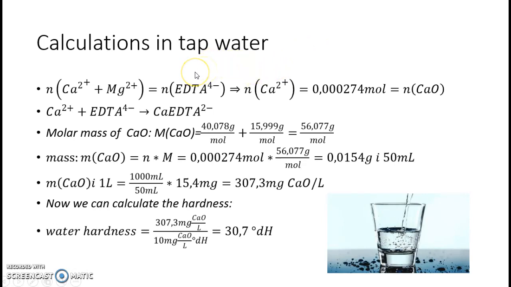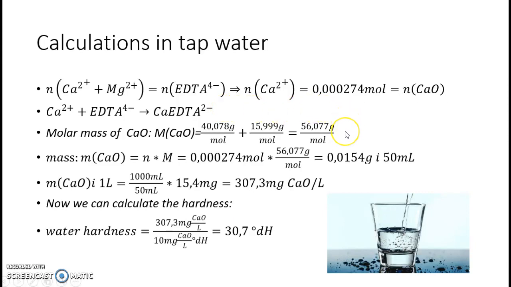And the amount of EDTA 4- ions is the same as the amount of Ca2+ ions plus magnesium 2+ ions. So the amount of CaO is 0.000274 moles.